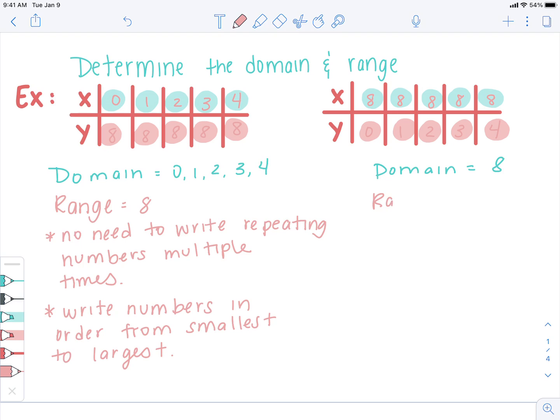So they're just basically big fancy words for x values and y values. Not too bad?